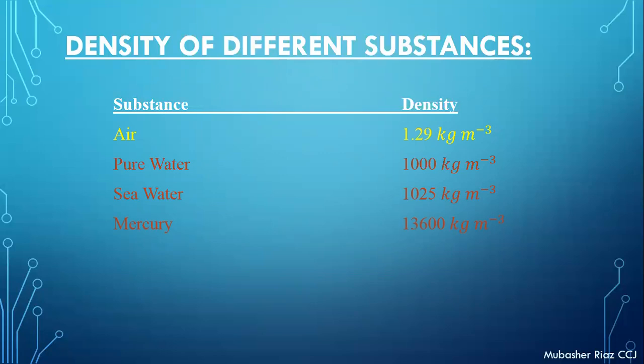Density of mercury is 13.6 times greater than density of water. Ice is 920 kilograms per cubic meter. Gold is 19,000 kilograms per cubic meter. Lead is 11,000 kilograms per cubic meter. These are densities of different substances in the form of gases, liquids, and solids.